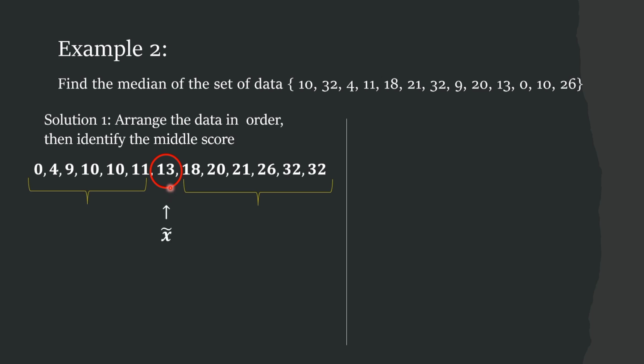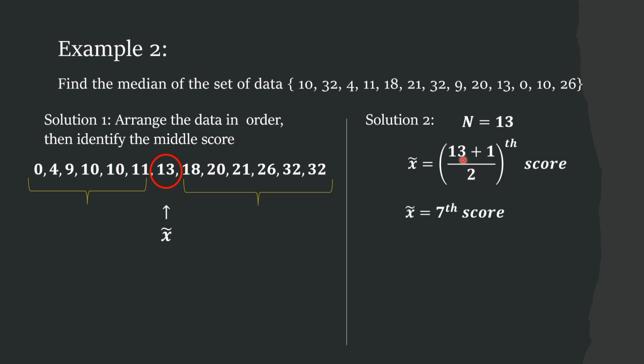For our solution 2, arrange the data. 13 is the value of N plus 1 divided by 2, which is 14 divided by 2 is the 7th score, counting from the lowest score. 1, 2, 3, 4, 5, 6, 7. Therefore, median is 13.